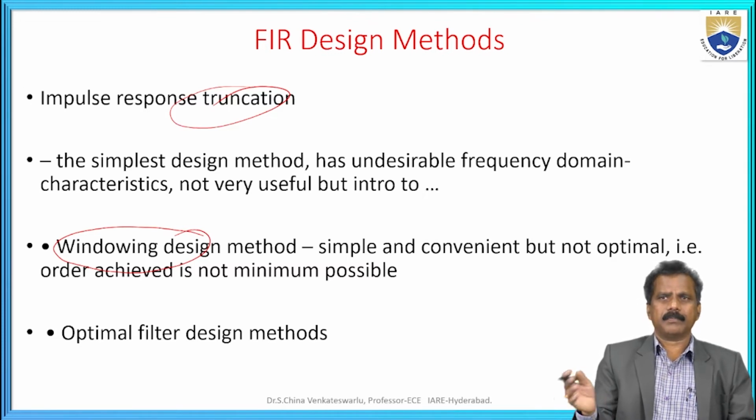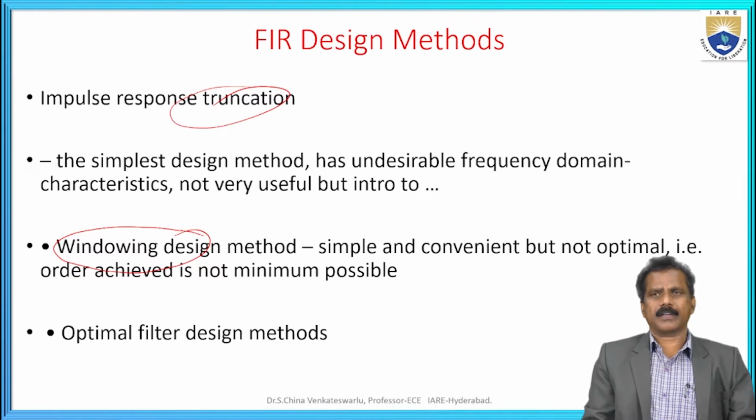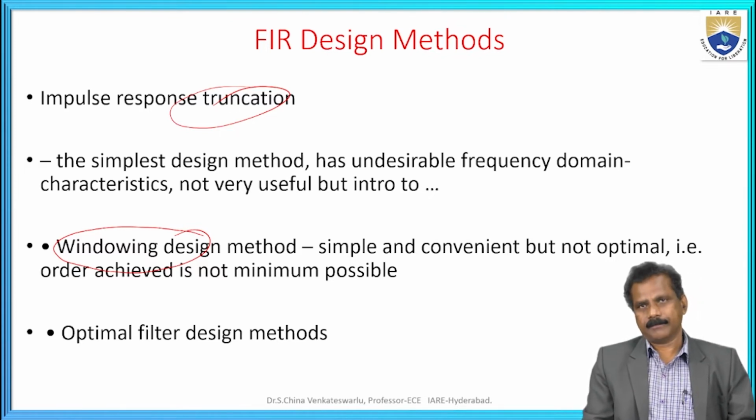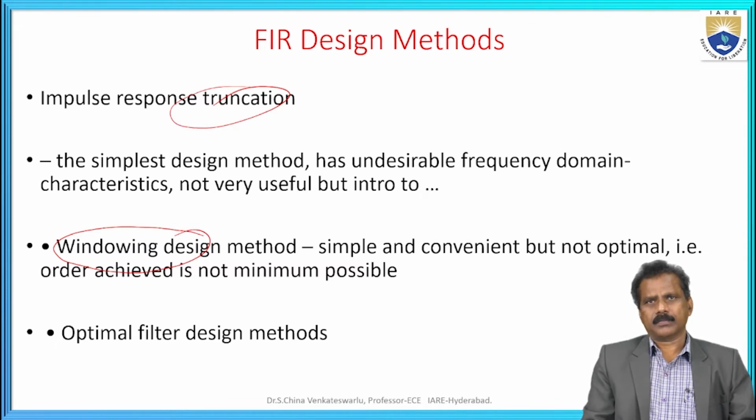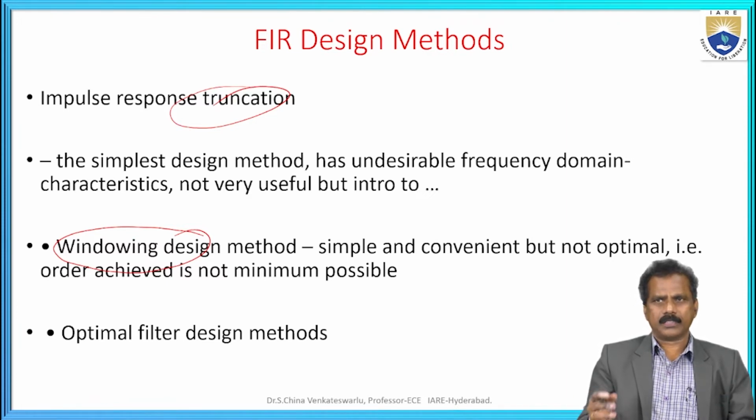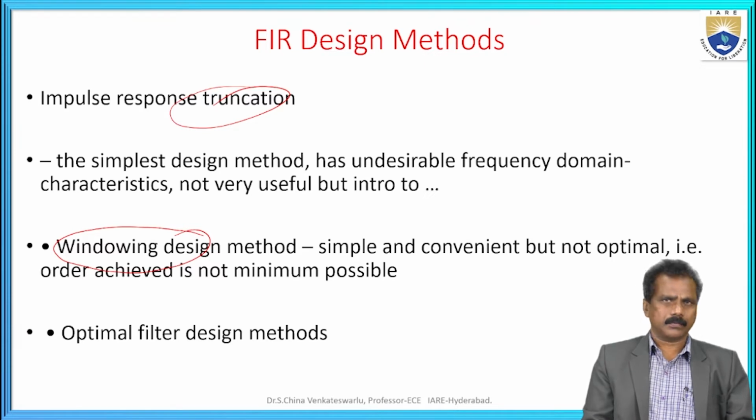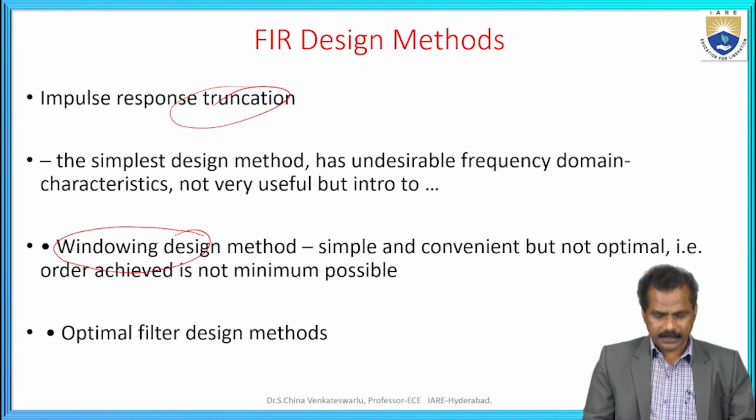To get optimal designs, we have to use different methodologies or algorithms, because the required order is not achievable otherwise. That's why the windowing design method is very simple and convenient but not optimal. So you go on searching for optimal methods, digging into different algorithms like Remez, Parks-McClellan, and so on. These are the optimal filter design methods.